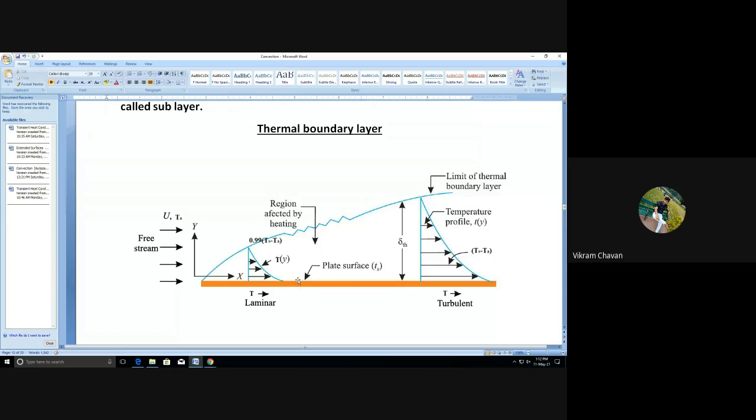As we move forward and take a further point on the plate, we will get that thickness somewhat larger than at the initial point.